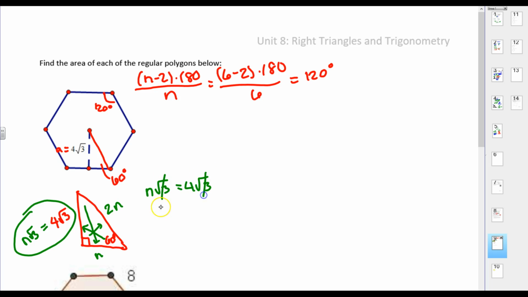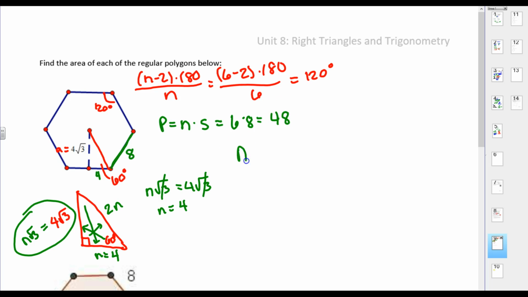Well, my root 3's will cancel, therefore n is 4. So this piece right here is 4. Well, if this little piece here is 4, then the whole side length here is 4 plus 4, which is 8. And my perimeter is the number of sides times the side length, or 6 times 8, which is 48.